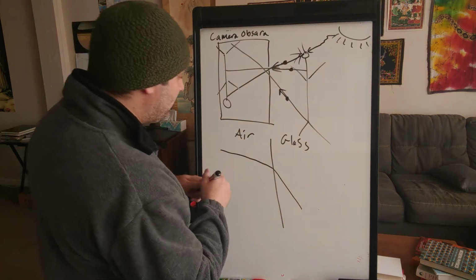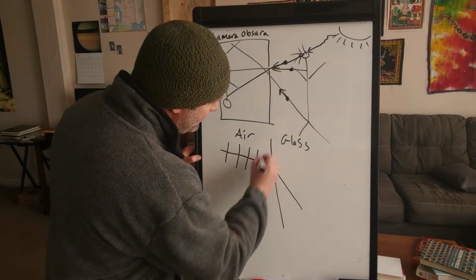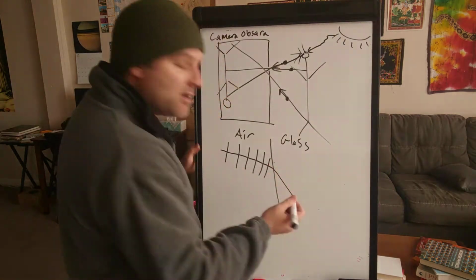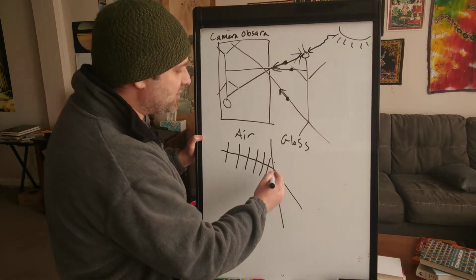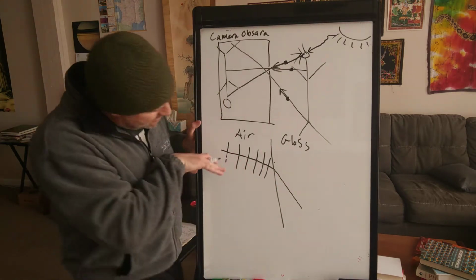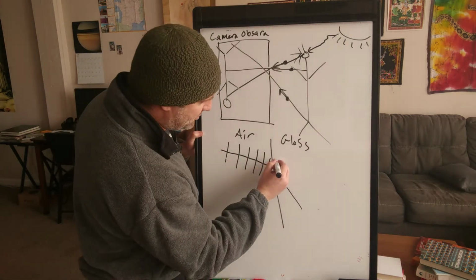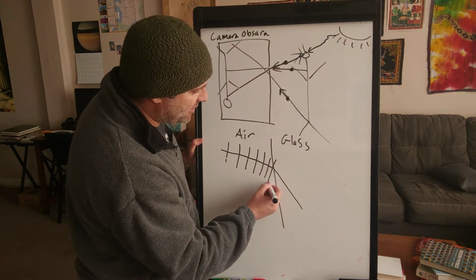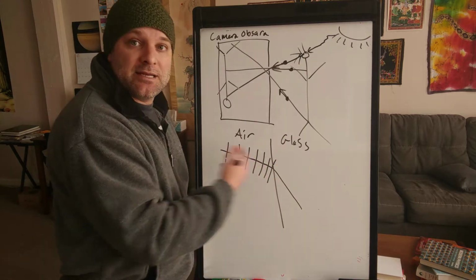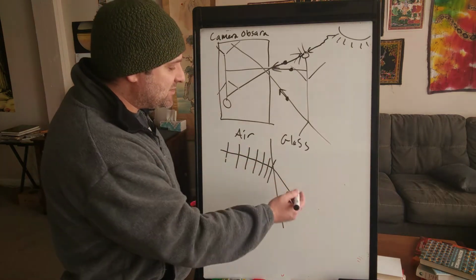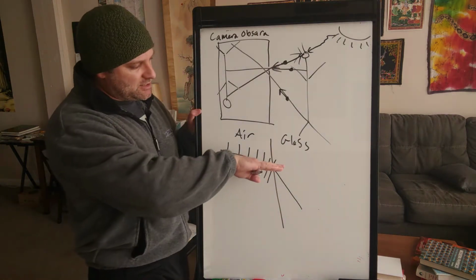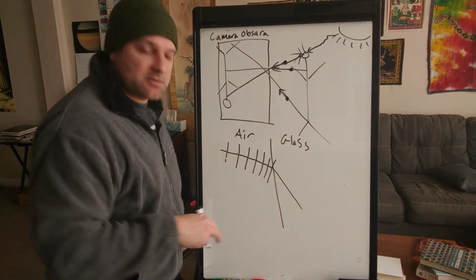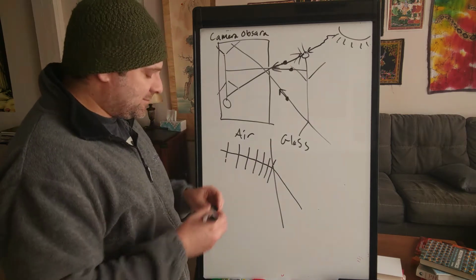If I thought that light was a wave, it'd be a bit easier to see why this happened, because different parts of the wave are going to interact with this material at different times. Because this is going at some angle, this part of the light wave would hit that material before this part of the light wave. And because light is traveling at two different speeds in each of these materials, that would cause that light to bend towards the direction of incidence like this.